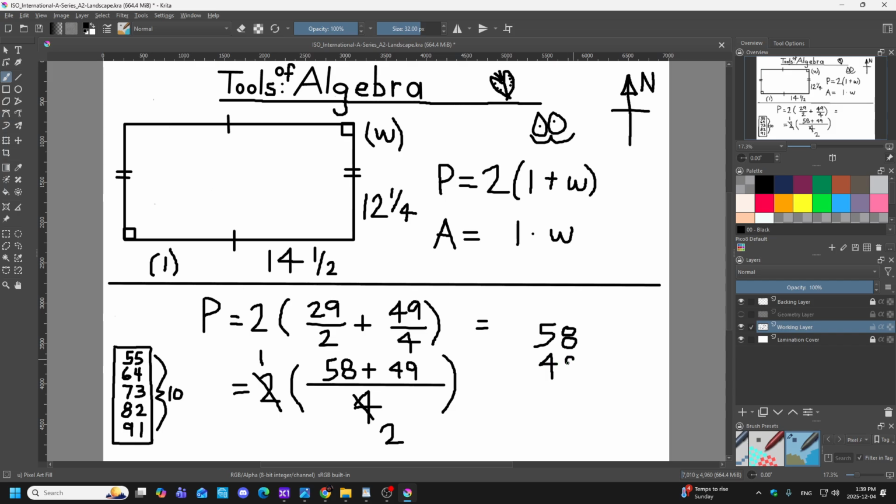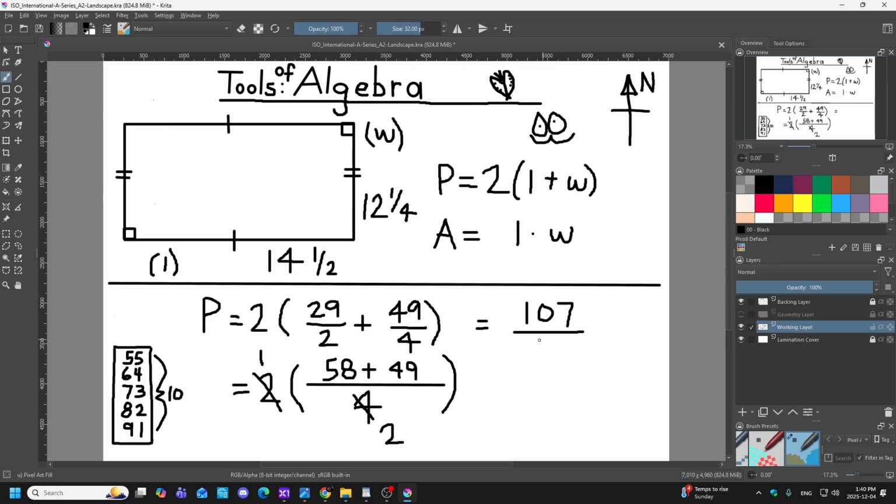I'm trying to do this quickly, guys and gals. We're adding, so that's 17. Right, 9, 10, 11, 12, 13, 14, 15, 16, 17. Carry the 1. This becomes 10. 107.